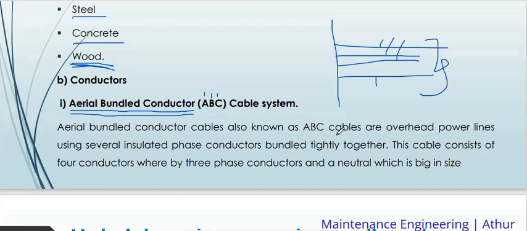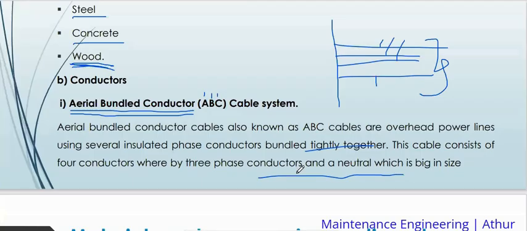You see they are saying ABC cables are overhead power lines using several insulated phase conductors bundled tightly together. This cable consists of four conductors, whereby three are phase conductors and a neutral, which is big in size. Sometimes not every ABC has this characteristic that the neutral is big, but they are always labeled.